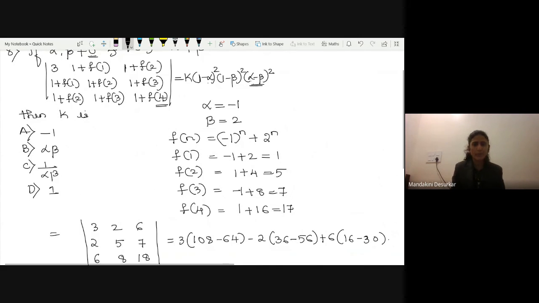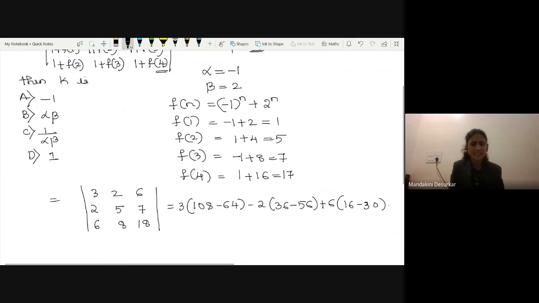F of 2 is 5, so this will be 6. And f of 3 is 7, so this will be 8. I'm so sorry. Now this is equal to 3 into 108 minus 64, minus 2 into 36 minus 48, plus 6 into 16 minus 36.